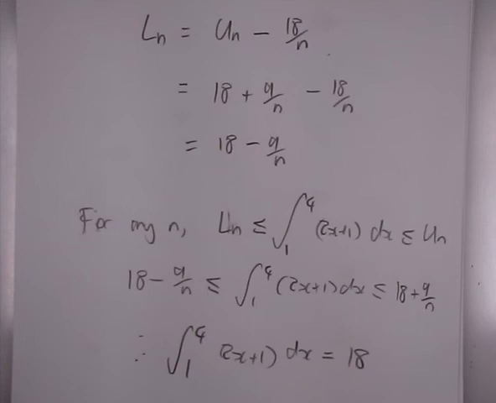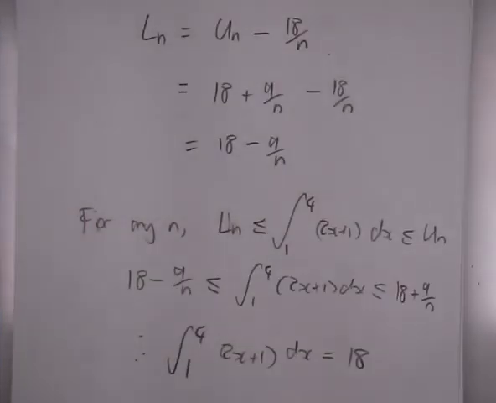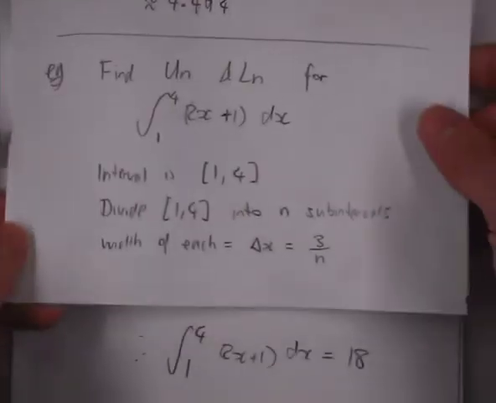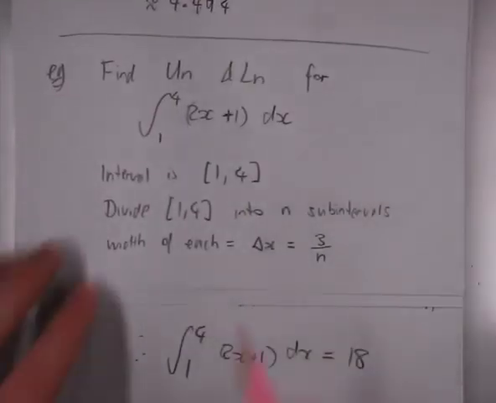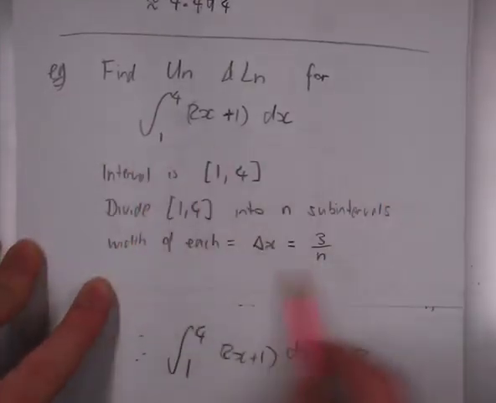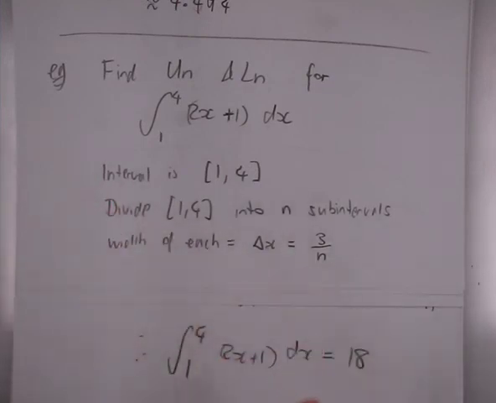That's finding upper and lower sums using summation notation. So I'll just go back through and point out the pieces of that. First I divided the interval into subintervals and I figured out what the width of each one of them is.